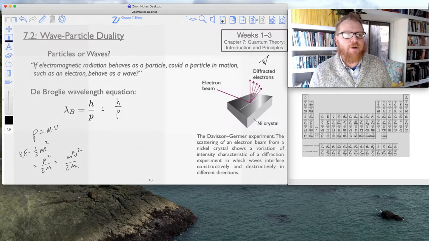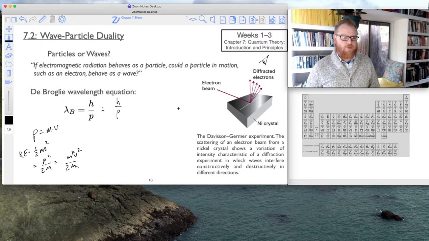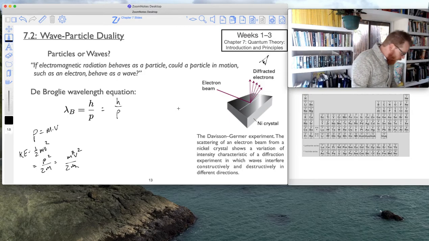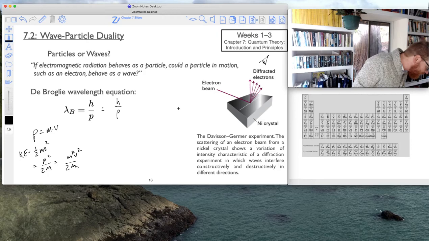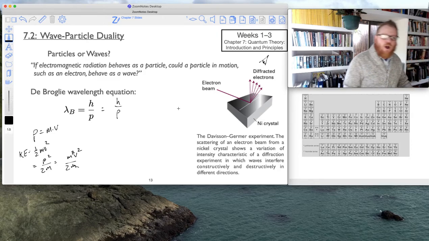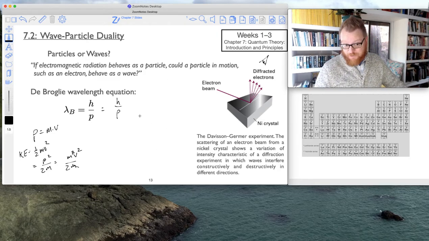I'm going to back up and go to the de Broglie wavelength equation, to show you how it can be used in electron microscopy.